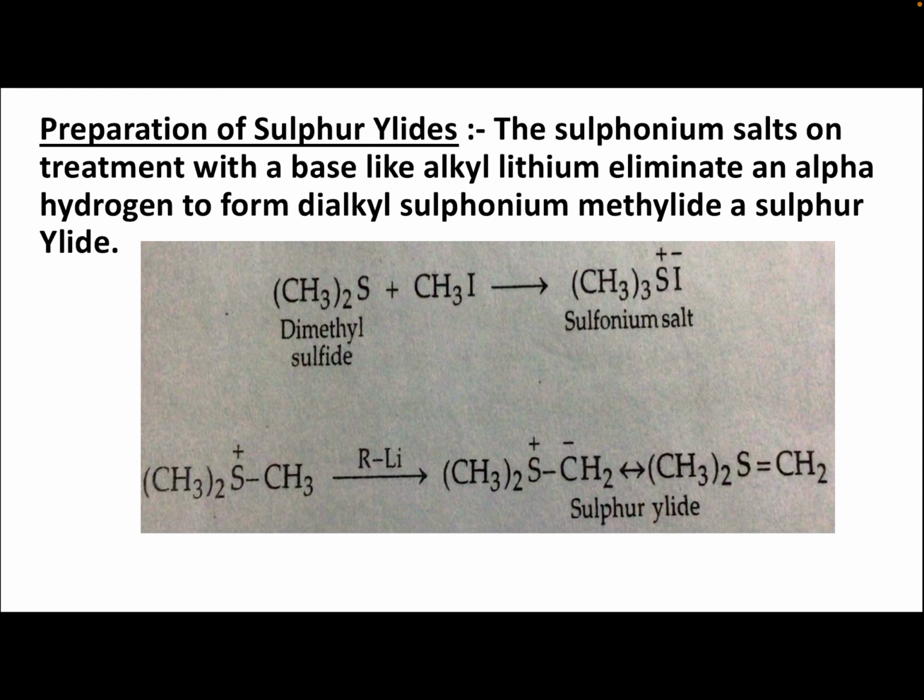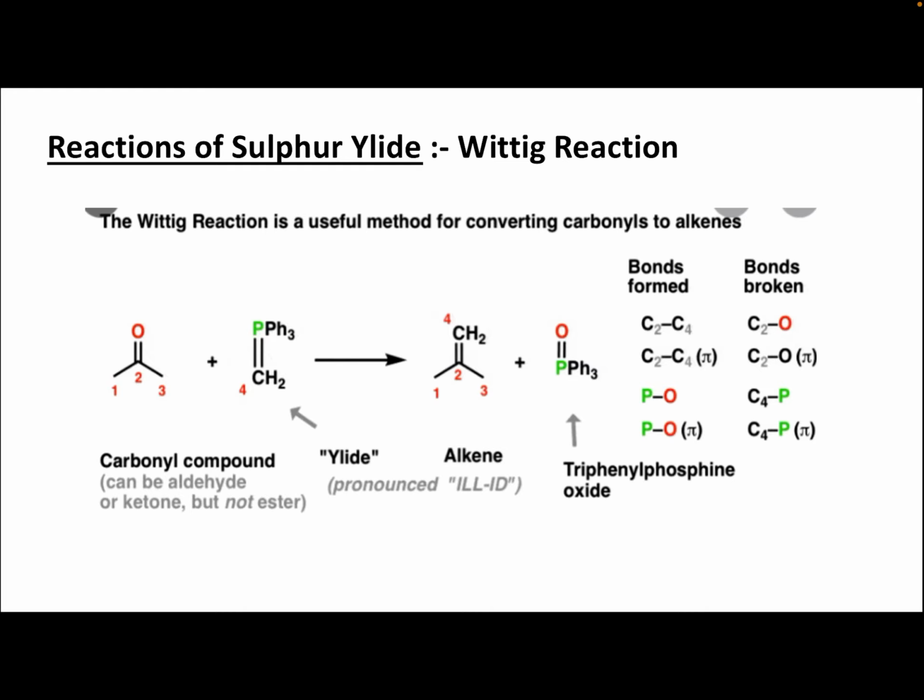One more CH3 is added here, CH3 taken thrice, S plus, and we are getting the sulfonium salt. This sulfonium salt in the presence of alkyl lithium gives sulfur ylide. CH3 taken twice, S double bond CH2, or we can also write it as CH3 taken twice, S plus and CH2 minus. Both are the same thing, sulfur ylide. So in this way we can prepare sulfur ylide.